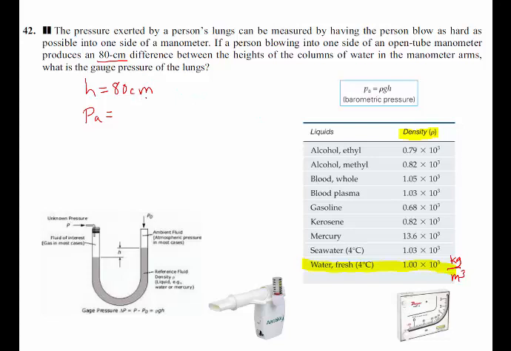So 80 centimeters, centi, is the same as 10 to the minus 2, and so our height change is 0.80 meters. I'm just putting everything in SI units. So my pressure is going to be the density, 1 times 10 to the third kilograms per cubic meter, then times g, our usual g, 9.80 meters per second squared, and then times our height, which has to be in meters also.